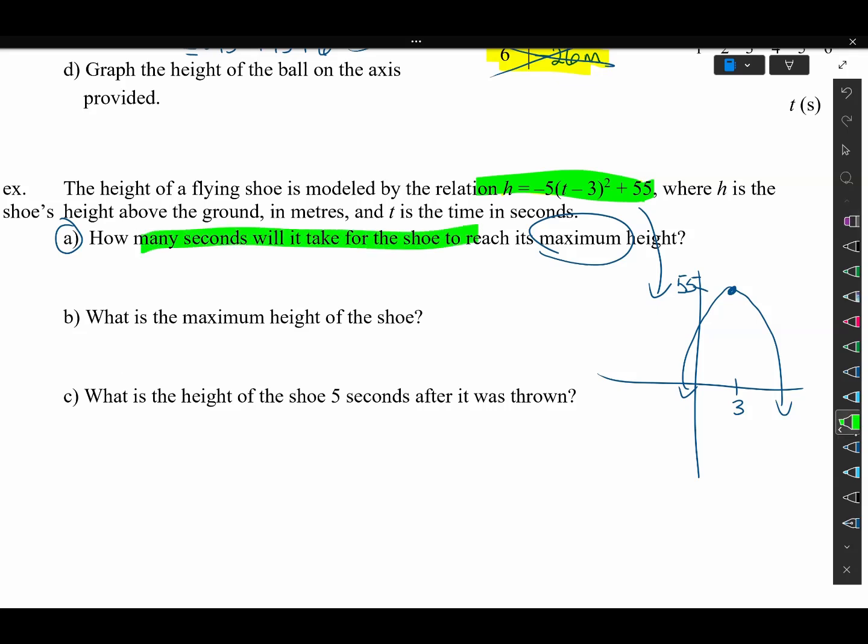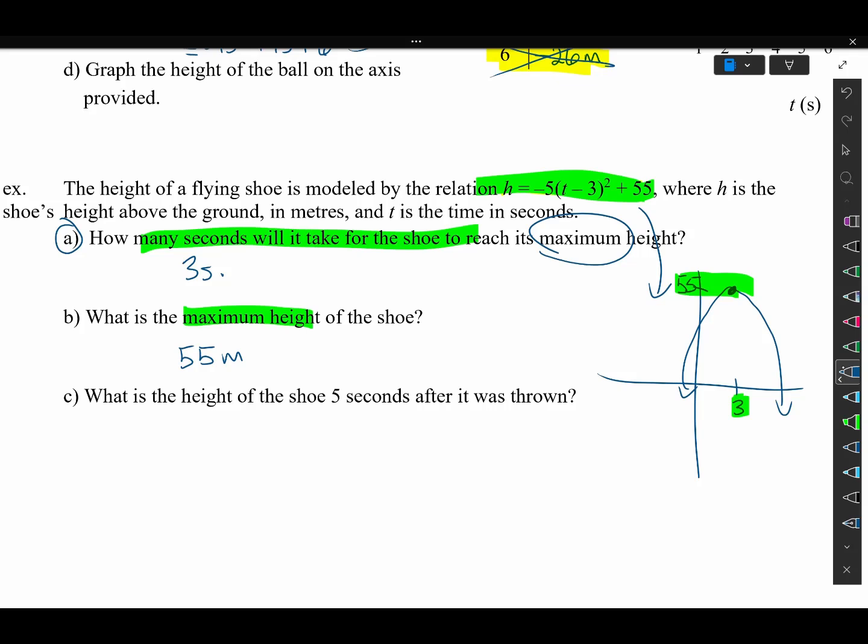Oh, that's easy. That's just the horizontal coordinate. That's just our 3 right down here. So we know it will take 3 seconds. What's the maximum height of the shoe? Oh, the maximum height, we've already found that. That's from the vertex because this is in vertex form. The maximum height is 55 meters. Why this shoe is flying, I'm not sure, but whoever tossed it has one heck of an arm.